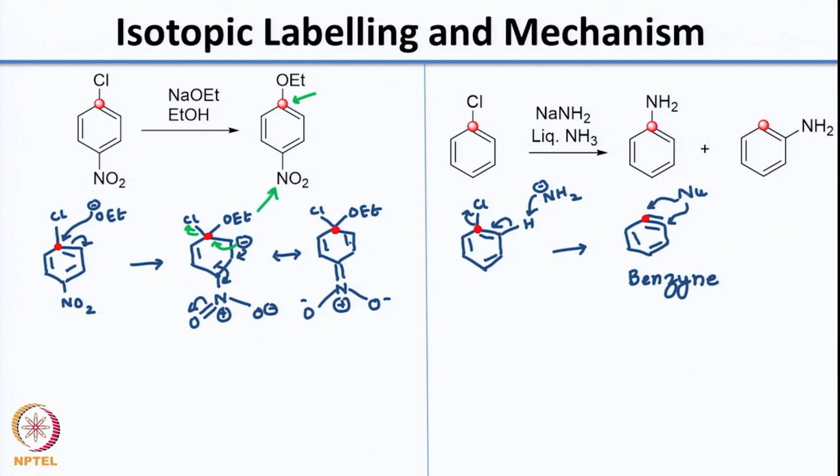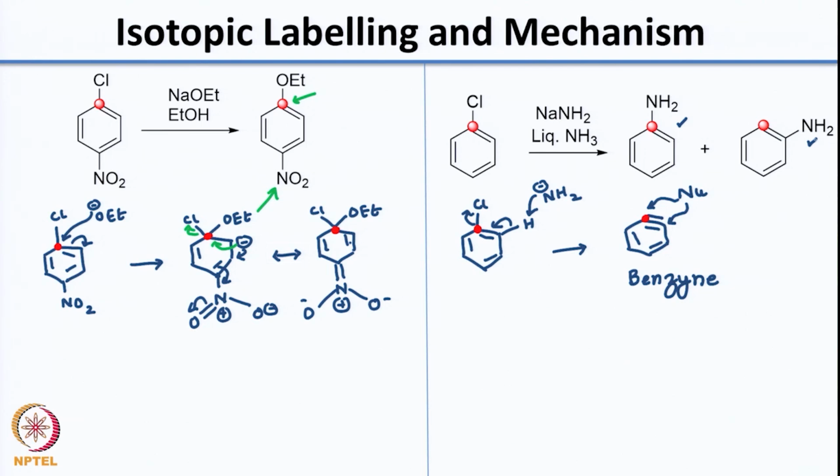In one product the nucleophile directly attacks at the position which has the isotopic label, whereas in the other case you get the label next to the position where the nucleophile attacks. So, using isotope label you can actually get a lot of insight into the reaction mechanism.